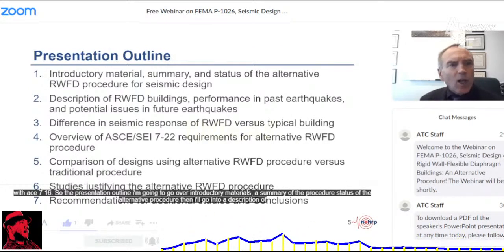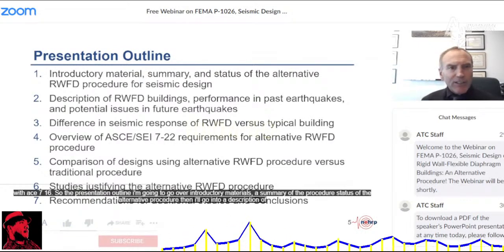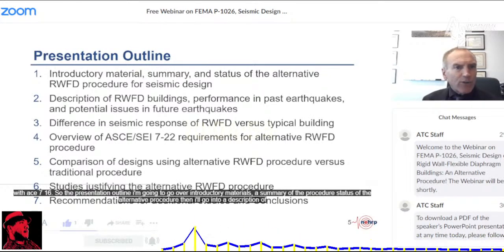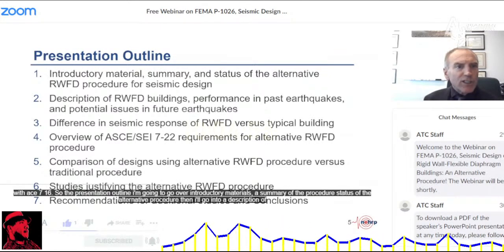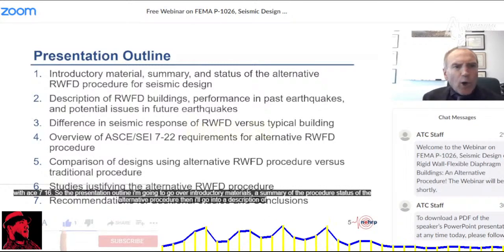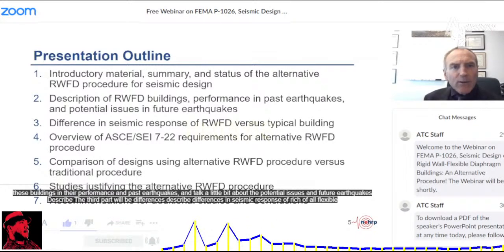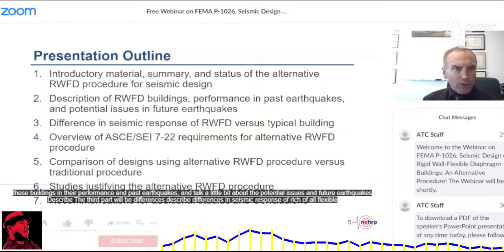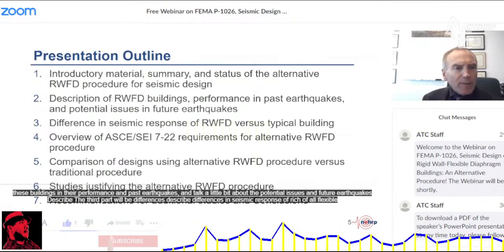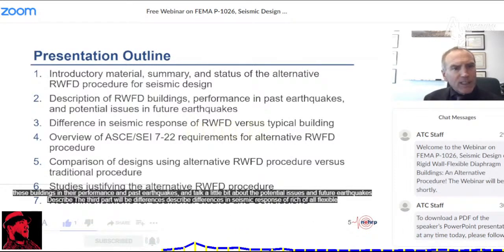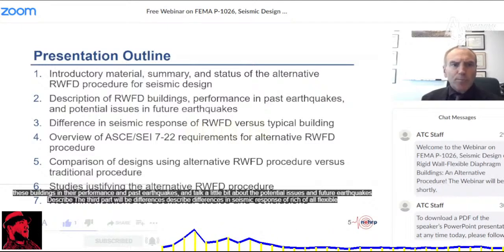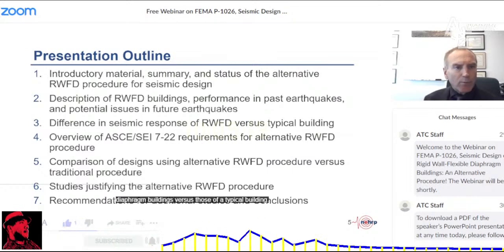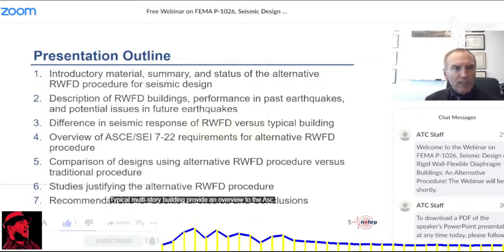So the presentation outline: I'm going to go over introductory materials, a summary of the procedure, and the status of the alternative procedure. Then I'll go into a description of these buildings and their performance in past earthquakes and talk a little bit about the potential issues in future earthquakes. The third part will describe differences in seismic response of rigid wall flexible diaphragm buildings versus those of a typical multi-story building.